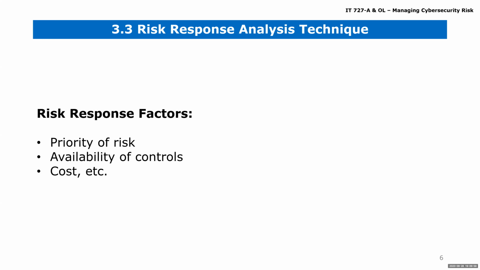If you try to take on that big risk right now, you might not be able to conquer it. So you're going to focus on the low hanging fruits because they will provide you with more value, or because maybe you don't have the controls in place to respond to the high one. As such, you are going to implement controls that are available.